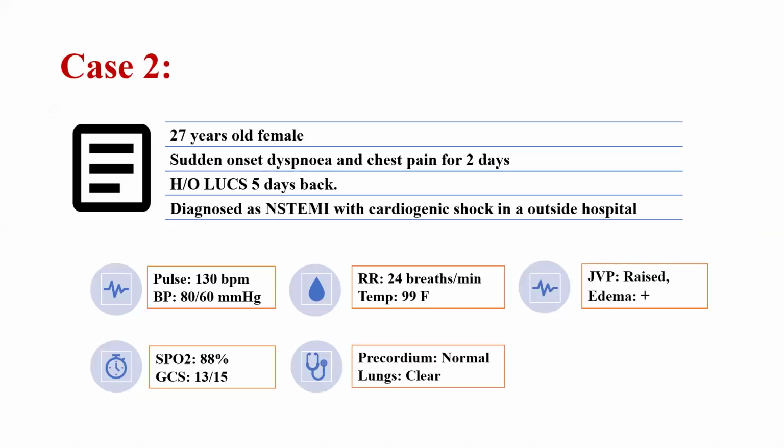So we have to think of the patient as a whole: the clinical scenario, investigations. Then we can pinpoint the diagnosis and manage the patient properly.